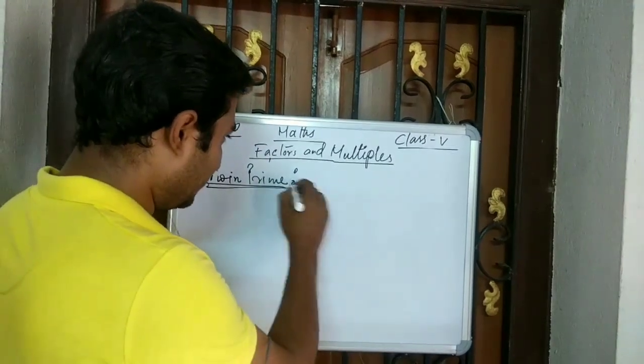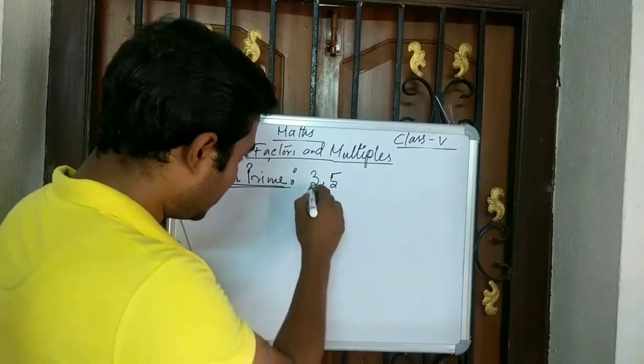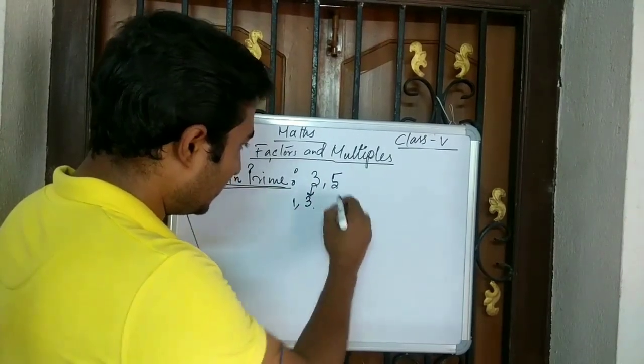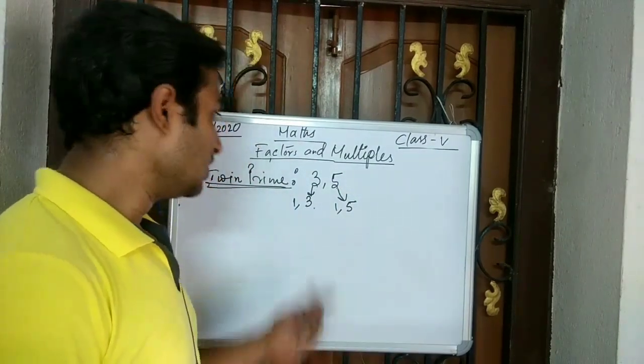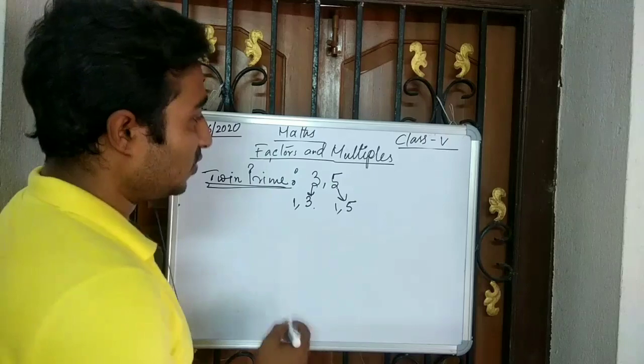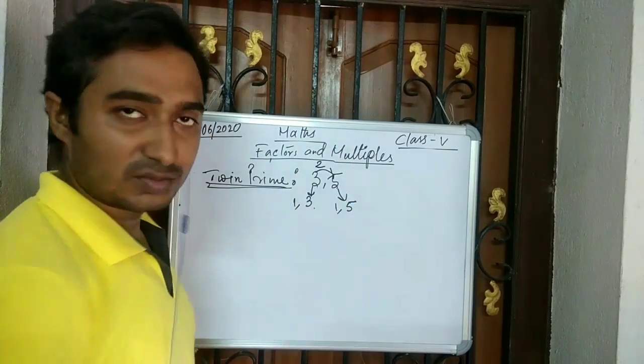Like if I give an example, 3 and 5, both are prime numbers because 3 has the factors 1 and 3 and 5 has the factors 1 and 5, nothing else. So 3 and 5 are called twin primes because the difference between these two is 2.